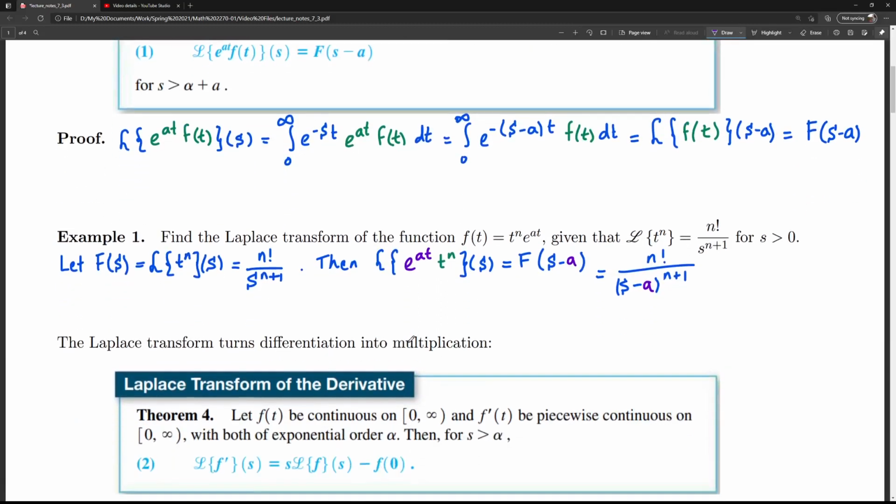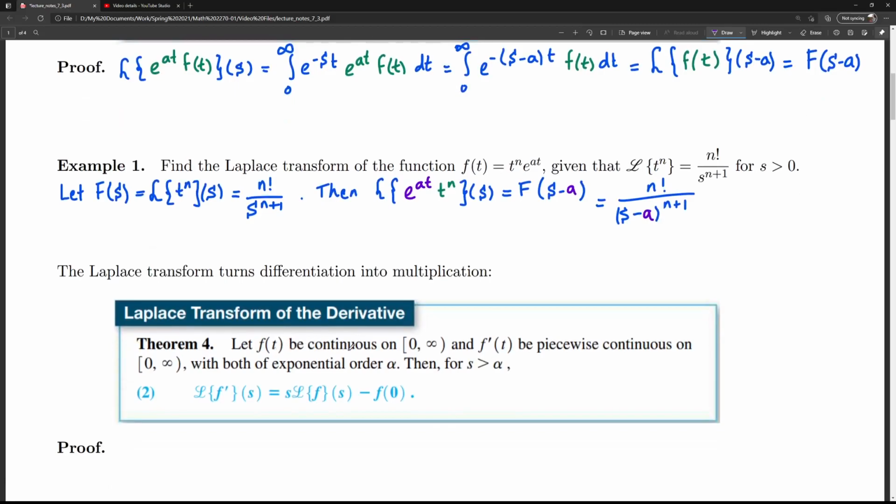Now, the next theorem is why Laplace transforms are so good for differential equations, because it turns out that the Laplace transform turns differentiation into multiplication.